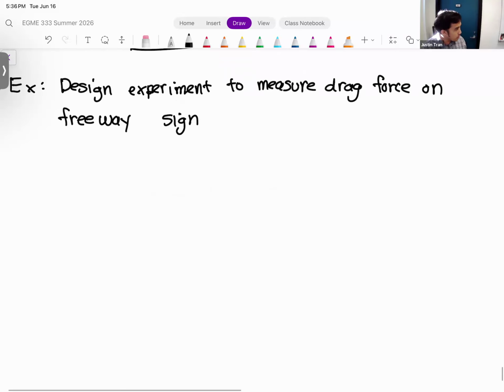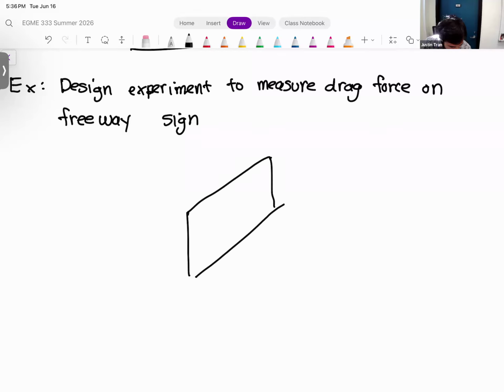Okay, so let me go ahead and draw our situation once again. We have a rectangular freeway sign. We need some numbers on this now, and so let's say the width of the sign is 35 feet. The height is 20 feet.